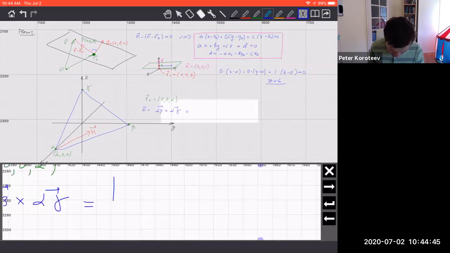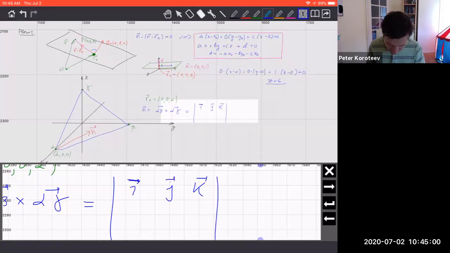Now we can do the cross product formula with i, j, and k. What are the components of vector alpha beta?